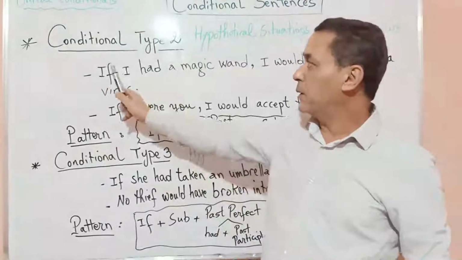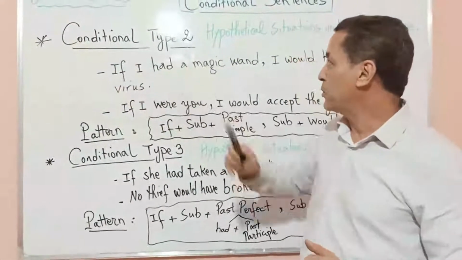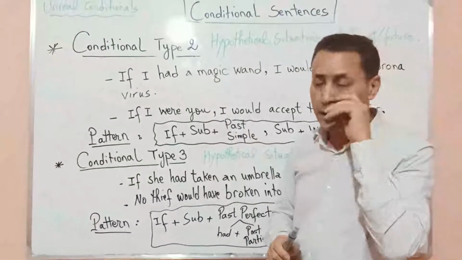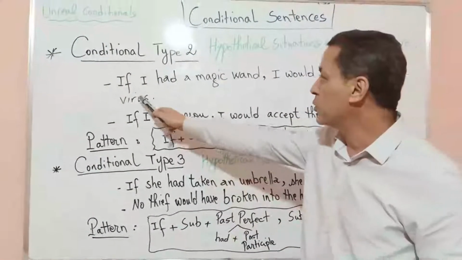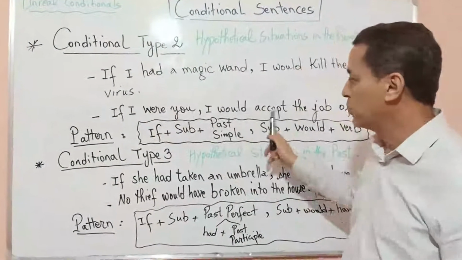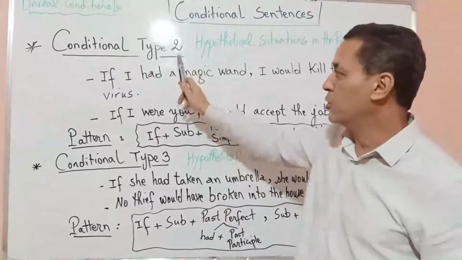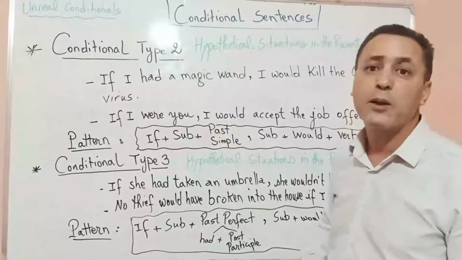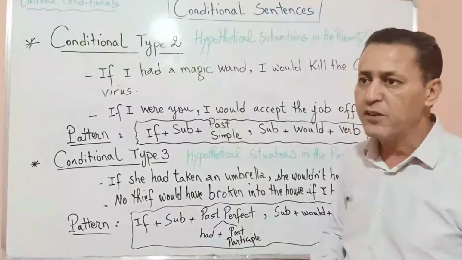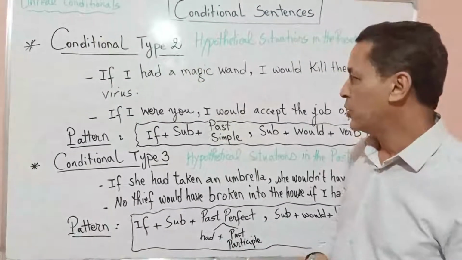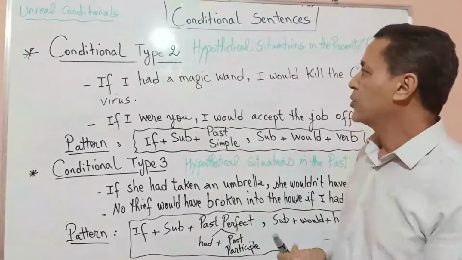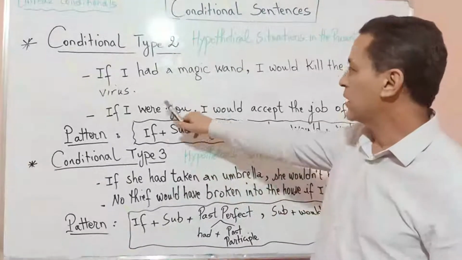So starting with conditional type 2, let's have a close look at these two examples. I have cited two examples for each conditional, it will help us understand how and when to use them.